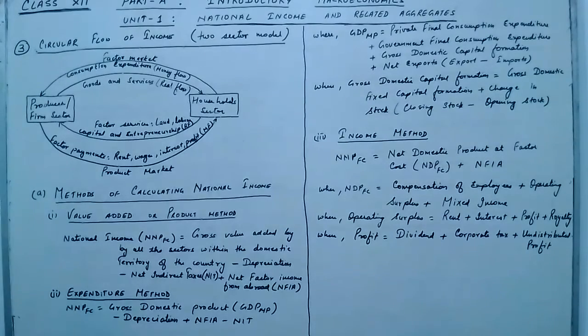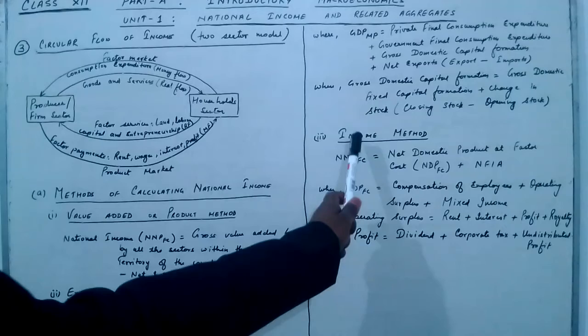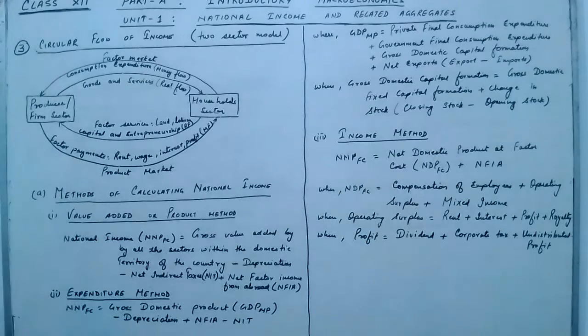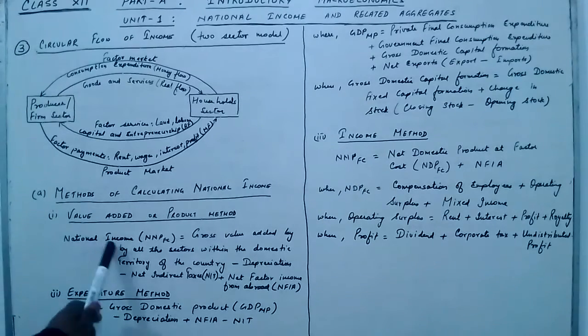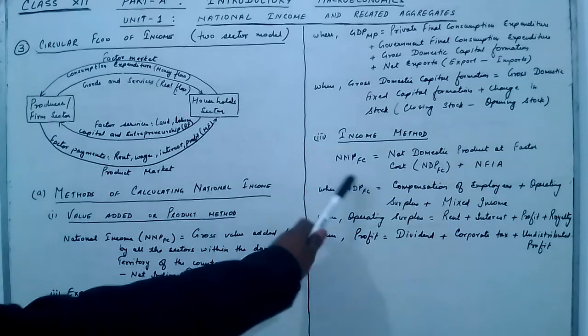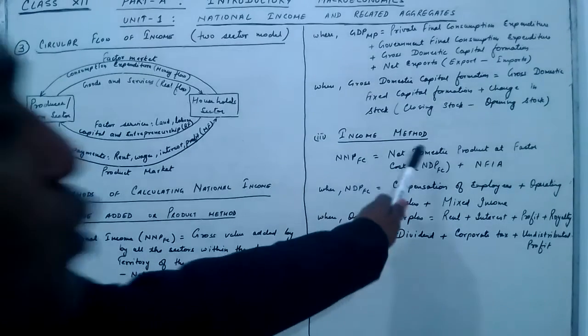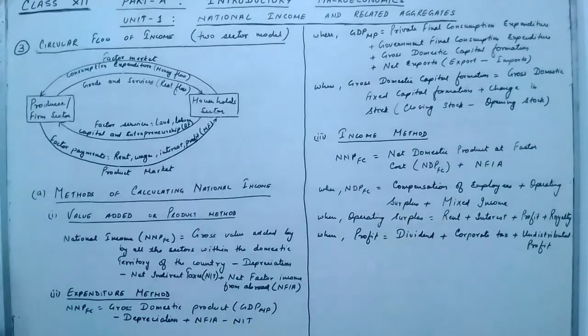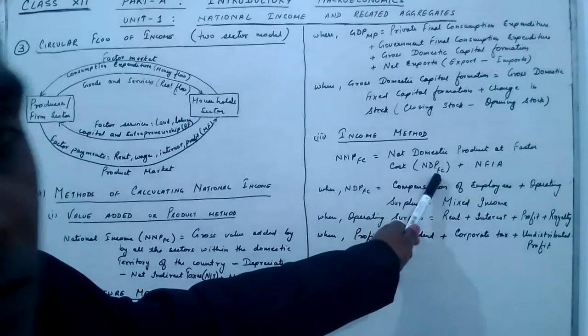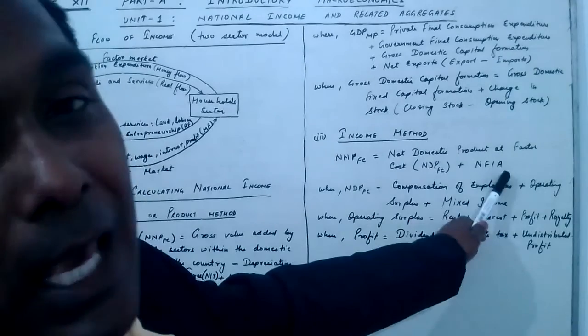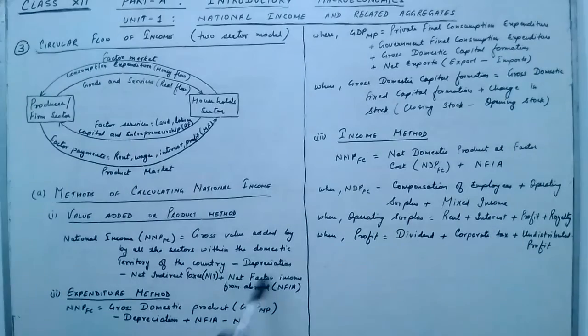The third method of calculating the national income is the income method. Again, national income, NNP at factor cost, net national product at factor cost, equals net domestic product at factor cost, that is NDP at factor cost, plus NFIA. NFIA means net factor income from abroad.